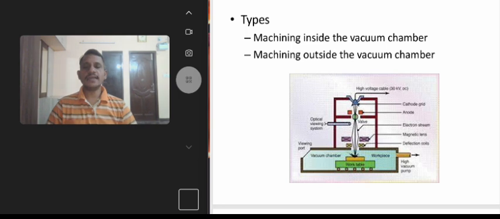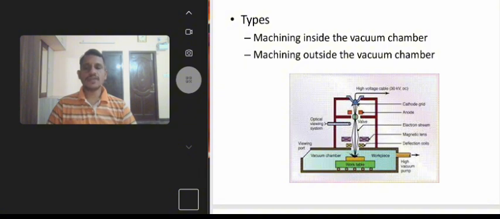Due to this high temperature, electrons are emitted from the tungsten filament. These electrons are directed by the grid cup to travel downwards and they are attracted by the anode.